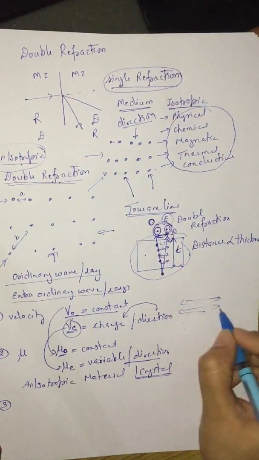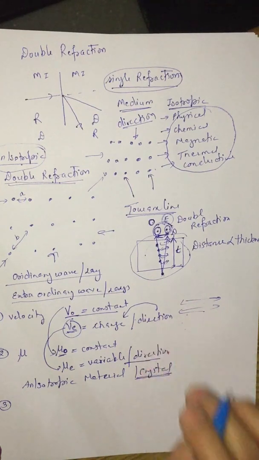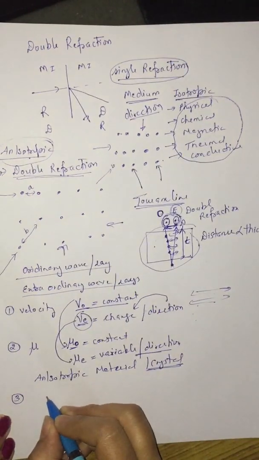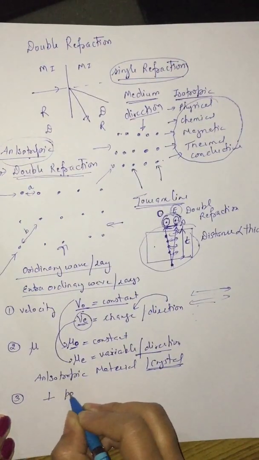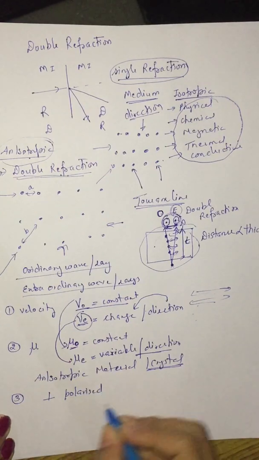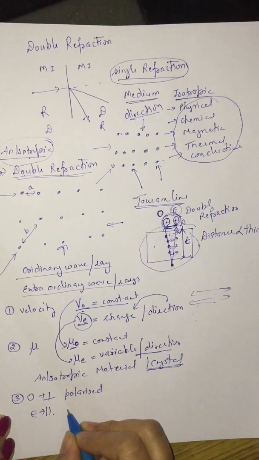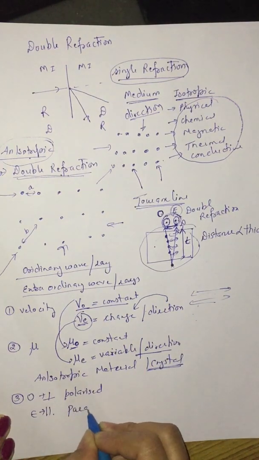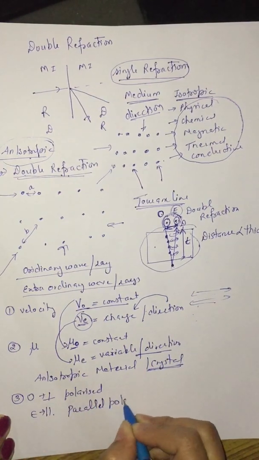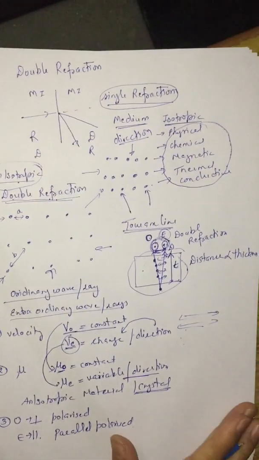It means they are moving parallel to this plane. Ordinary waves are perpendicularly polarized about this paper, and extraordinary waves are parallelly polarized about this paper.